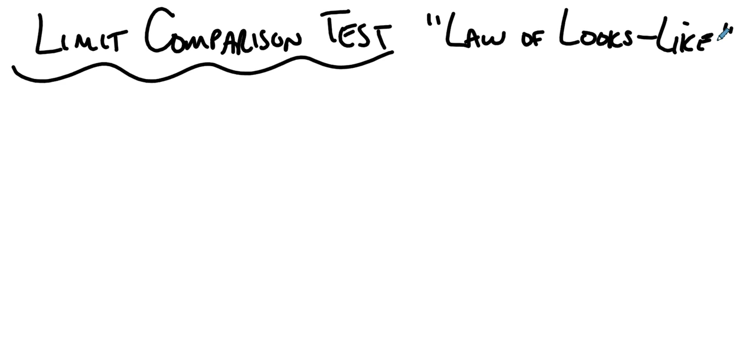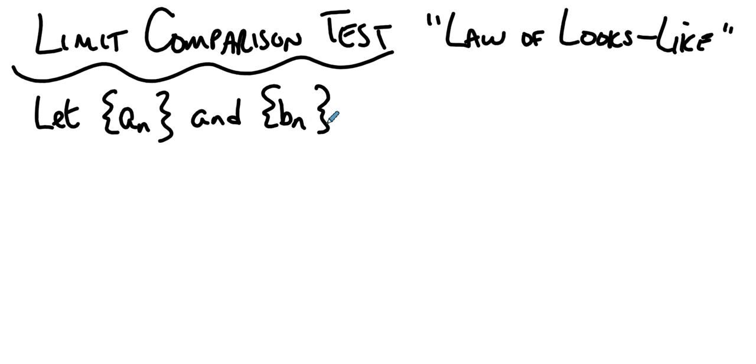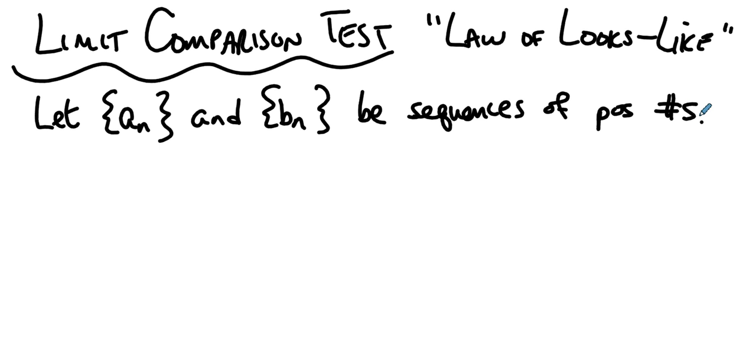And so we can talk about it as if it were the other thing. We let the sequences A sub n and B sub n be sequences of positive numbers. Still no negative numbers, not till next week.